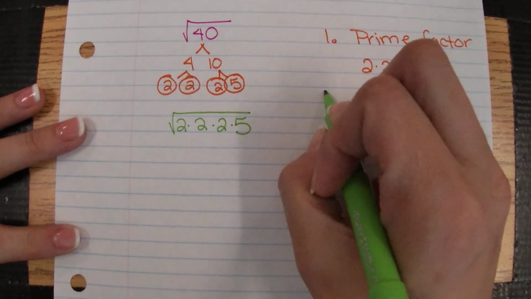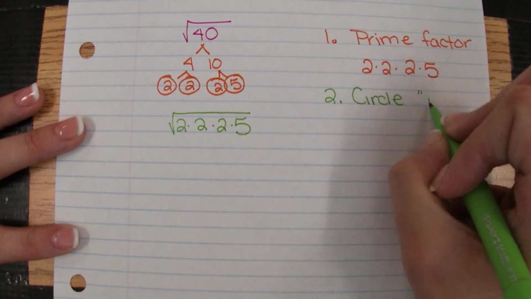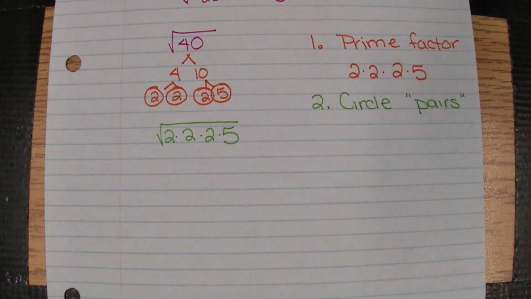My second step is going to be to find pairs. I'm putting pairs in quotes because if this was a cube root, we would find triples. If it was a fourth root, we would find quadruples. So this works for any type of radical. But again, we're just going to be focusing on square roots, so we're going to be looking for pairs.